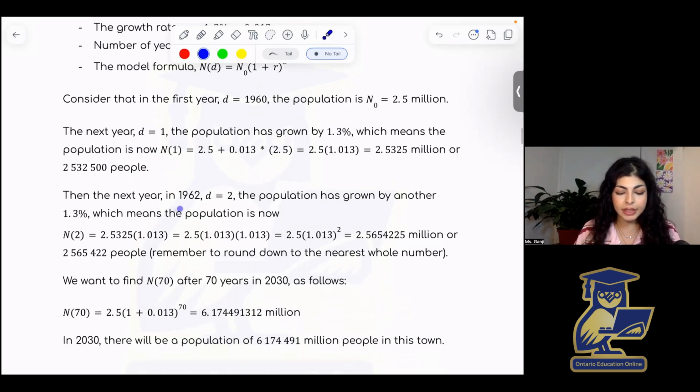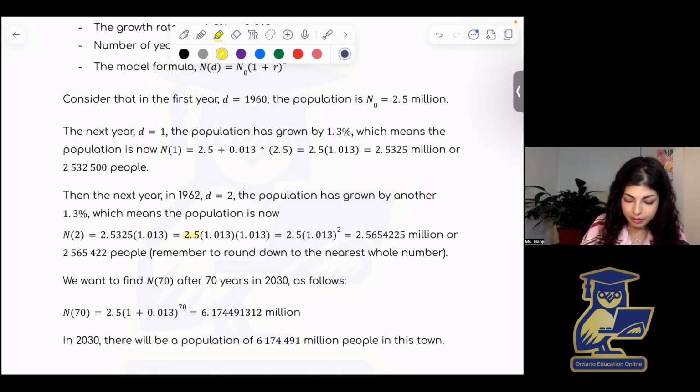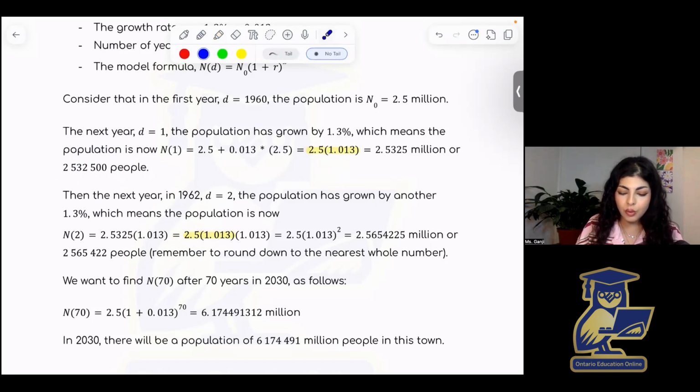So then the next year, in 1962, D is equal to 2 now, the population has grown by another 1.3%, which means that now we have this population here, and now 1.3% of this population has been added as well. And so again, I'm substituting this part just from here. And so then I have 2.5 million times 1.013 squared because it's 2 times.